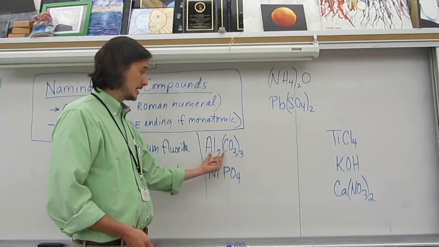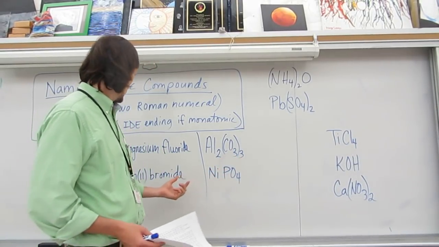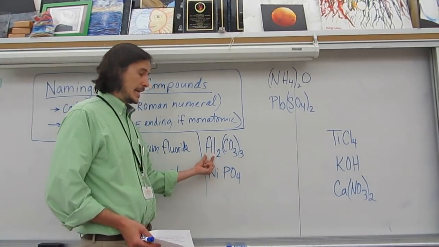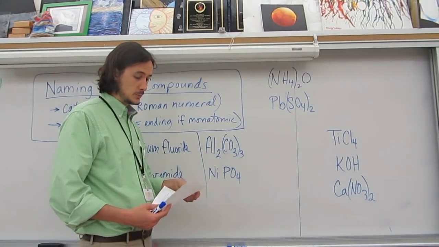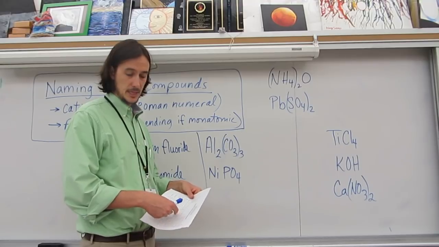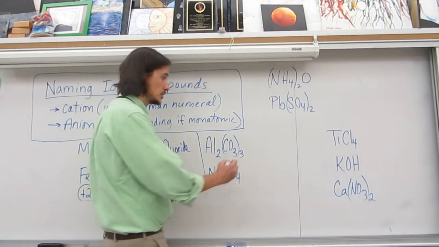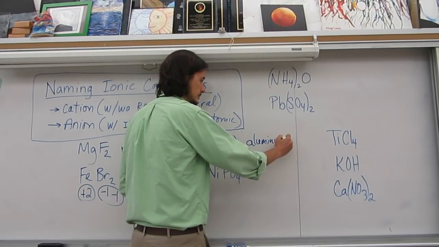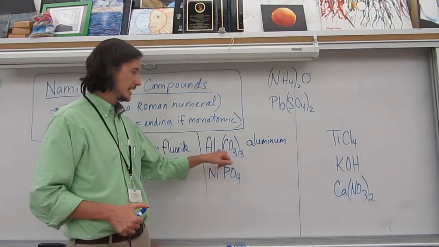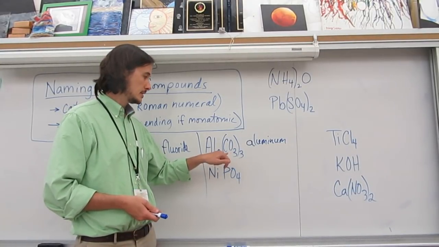Well, we've got this, Al2(CO3)3. So first we look at the cation, right? On the left, aluminum, this is the metal. We find aluminum, aluminum is in that triangle I told you about. Aluminum only forms a +3 charge, so we just write it. The anion that it's with is a polyatomic anion.